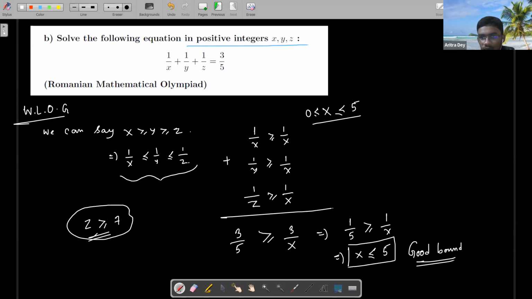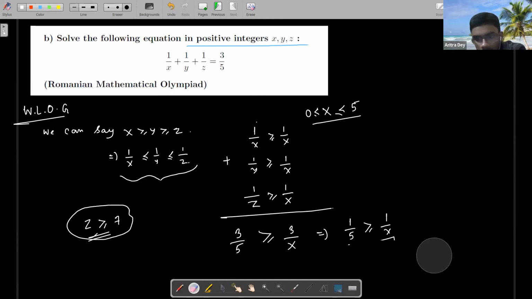Wait, how is this possible? If 1 by x is lesser than 1 by 5, then x has to be greater than or equal to 5. How can x be lesser than 5?